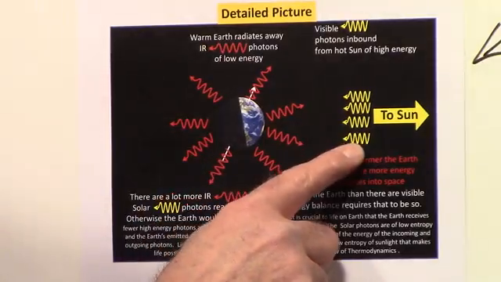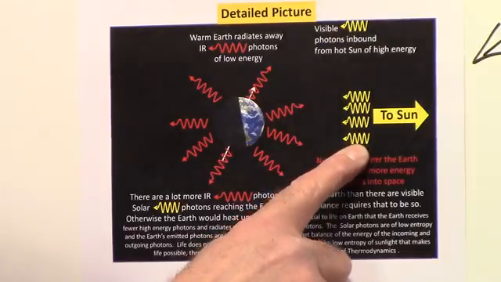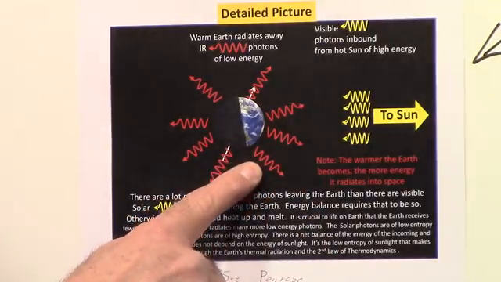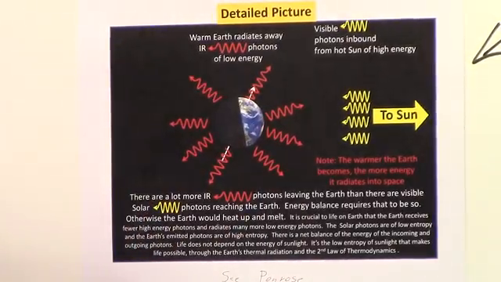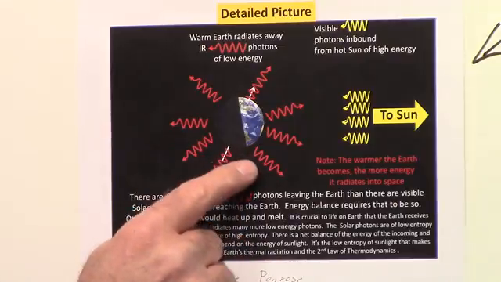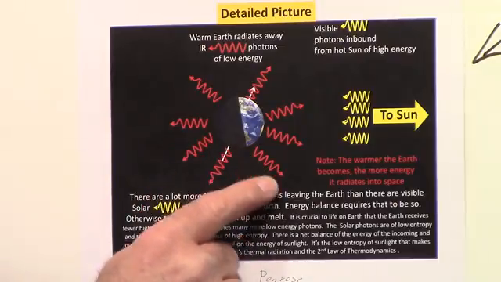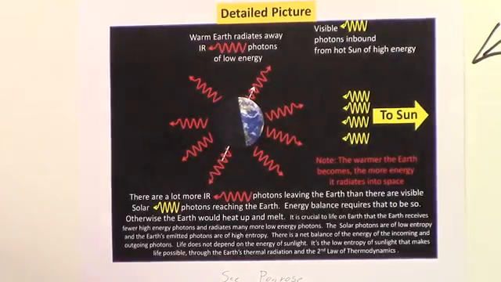So yellow is high photon frequency coming from the sun. Red is lower photon frequency emitted by the warm earth. And the earth is nowhere near as warm as the sun, so we're trying to show that. If you look closely, you can see it's longer wavelength as compared to shorter wavelength from the sun.